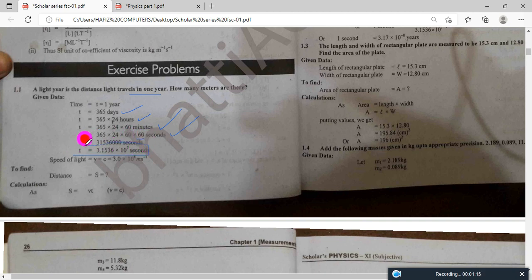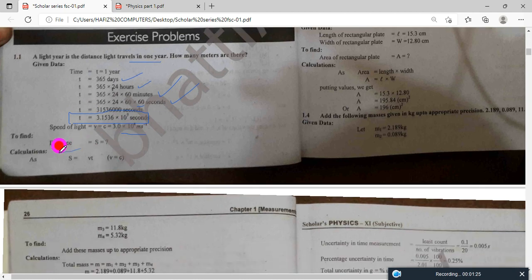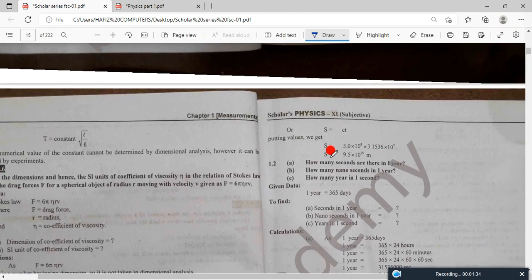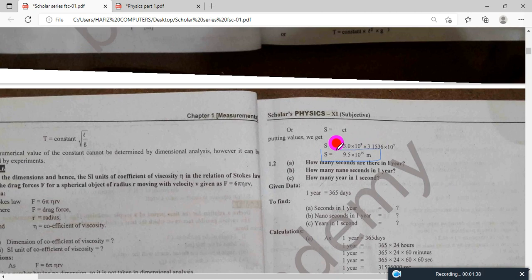We will use time t in seconds because the speed of light is given in meters per second. We know that s = v × t, or velocity is equal to s over t. Using this relation we calculate s = 9.5 × 10^15 meters. So these are the meters in 1 light year.